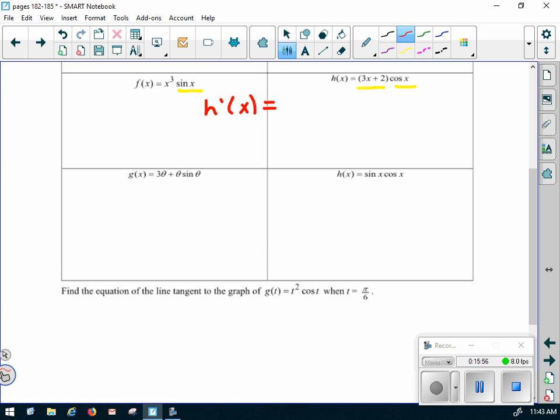Derivative of the first times the second. Don't do derivative of the first times the derivative of the second. Derivative of the first times the second plus the derivative of the second times the first.